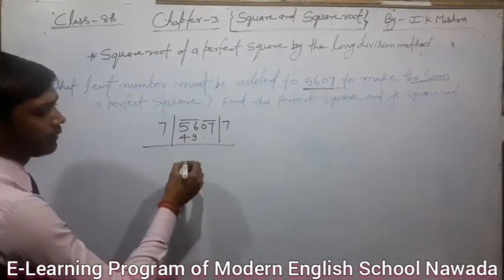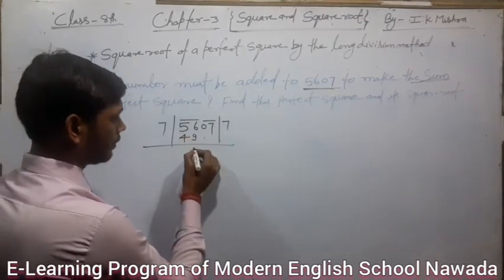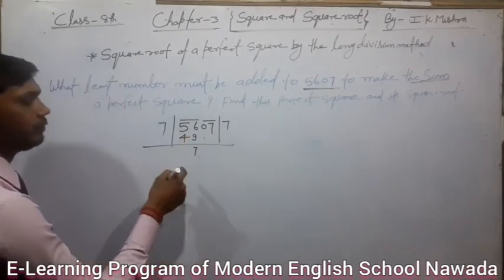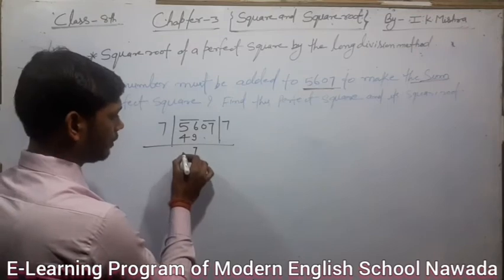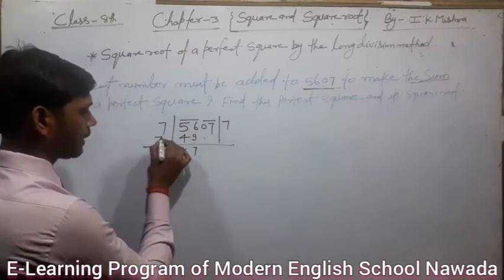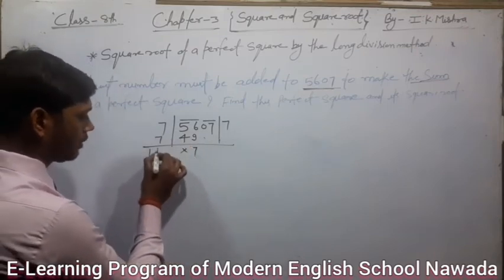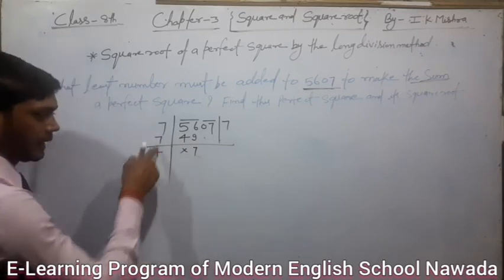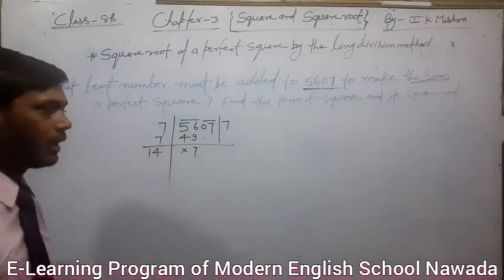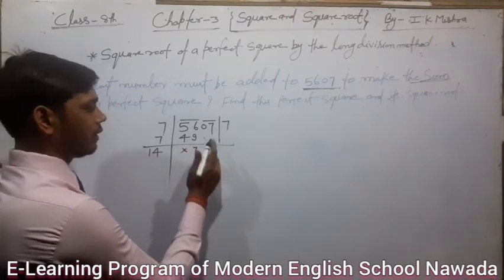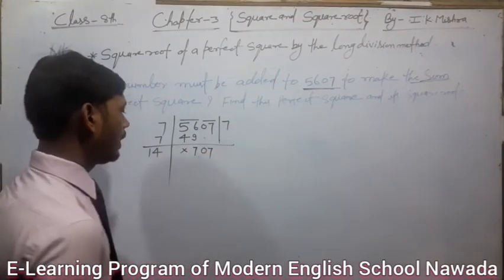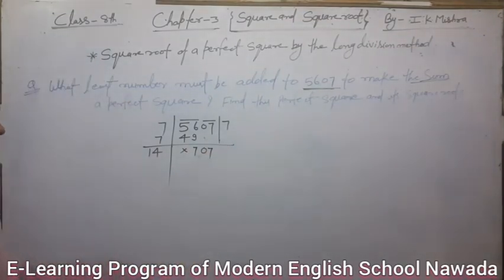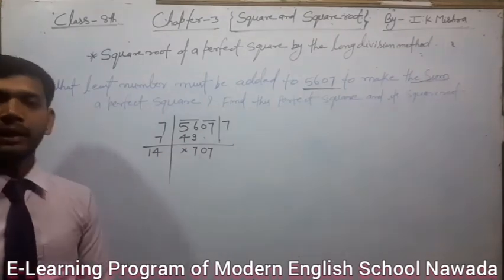Here you get 7, and this is crossed, and 7 plus 7 is added to give 14. Here 0 7 is written, and you think by which number it will be divided.